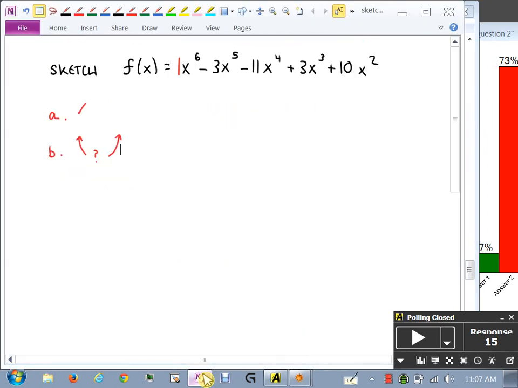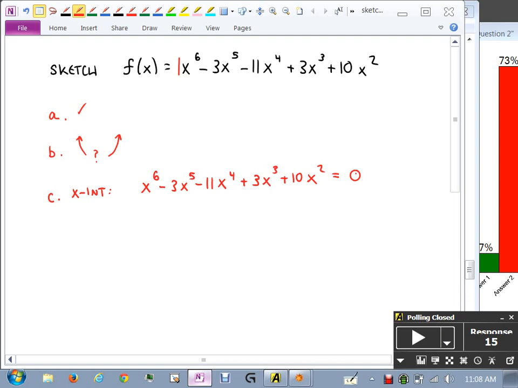X-intercepts. So here comes the hard part. For the X-intercepts, we set the entire function equal to 0. So x to the 6th minus 3x to the 5th minus 11x to the 4th plus 3x cubed plus 10x squared equals 0. And now we see if there's a way that we can factor it. What is the first step for factoring anything?